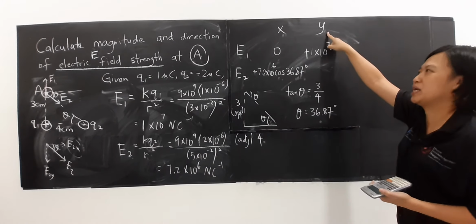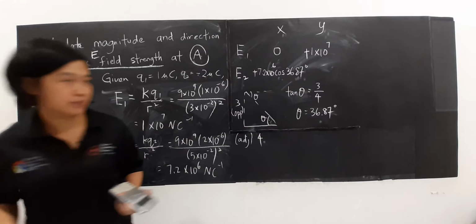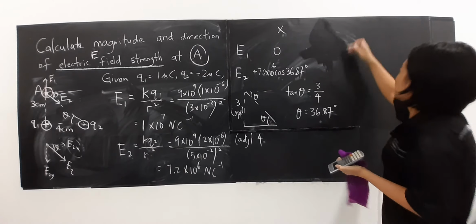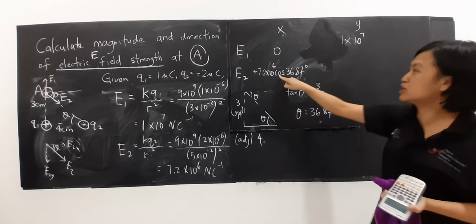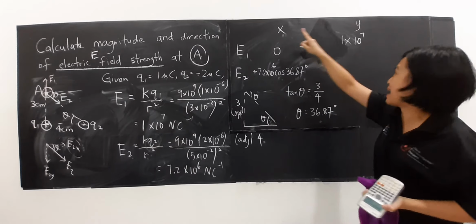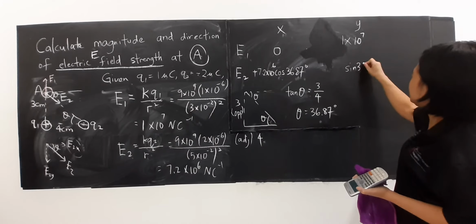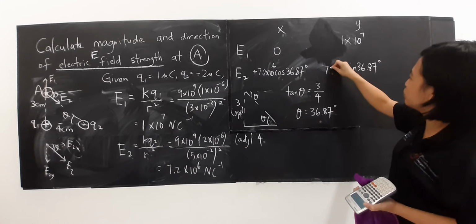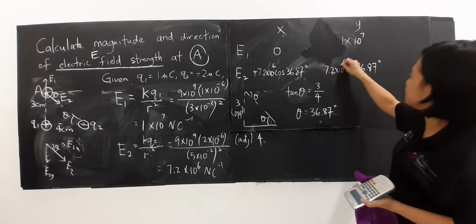Okay. Dan macam mana ni? Untuk y component, okay, untuk y component, remember. Untuk y component, kalau ini cos untuk paksi x, untuk y plus sin. Sin dari 36.87 darab dengan apa? 7.2 power of 6.